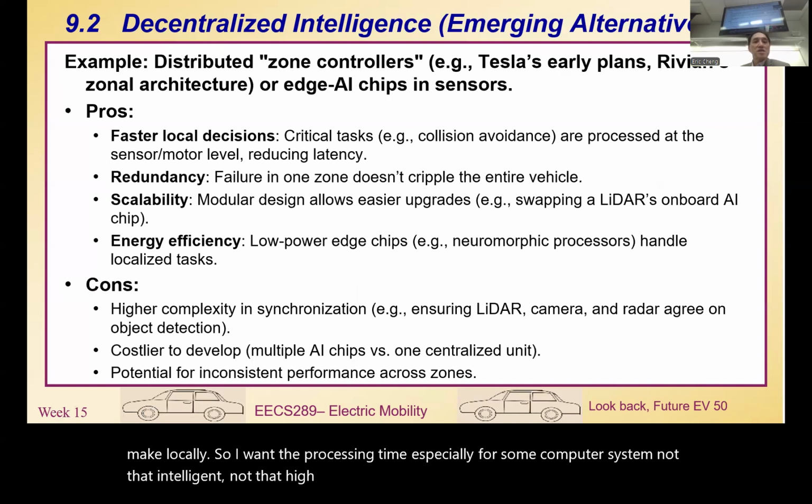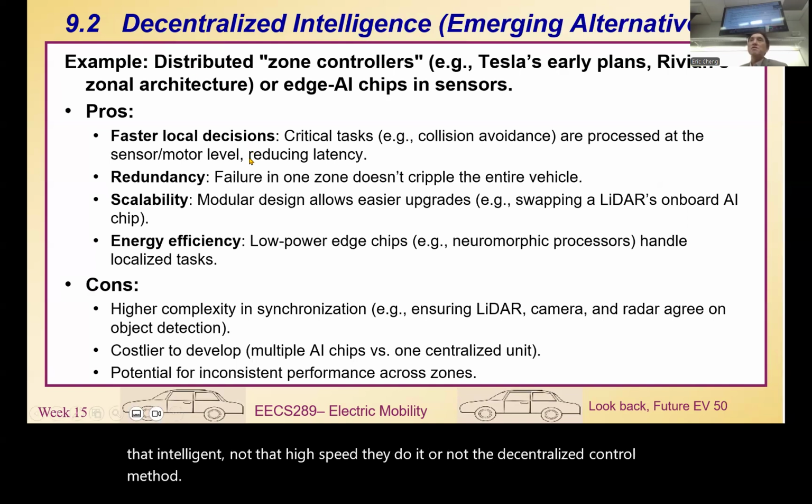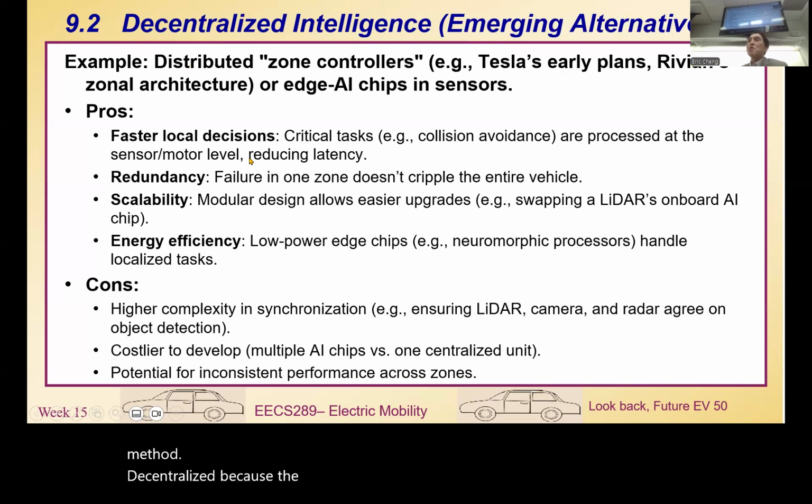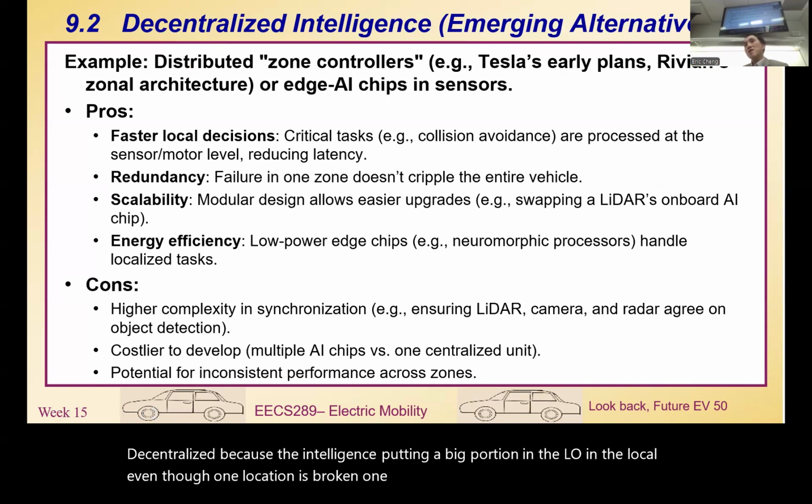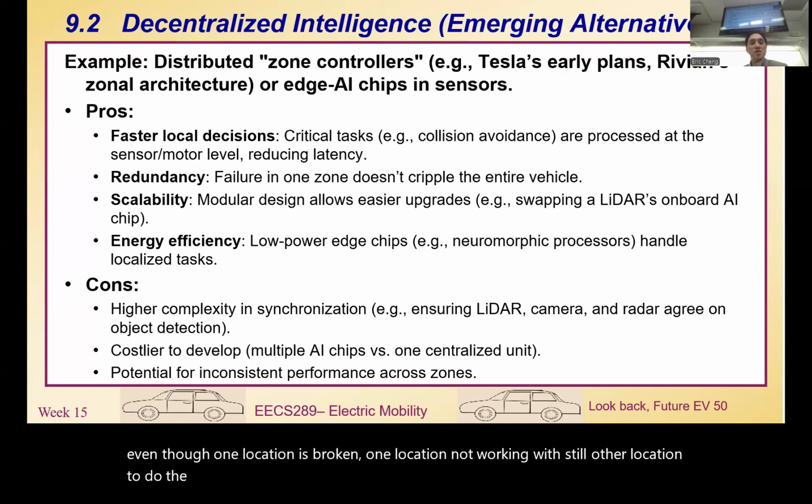Because a big portion of the intelligence is put in the local, even if one location is broken or not working, we still have other locations to do the job. We don't need the central decision.